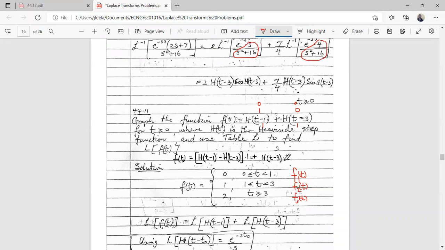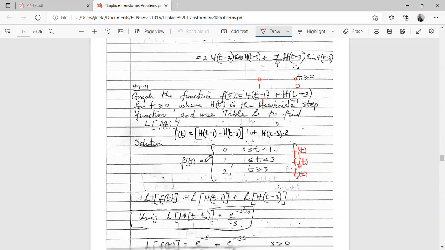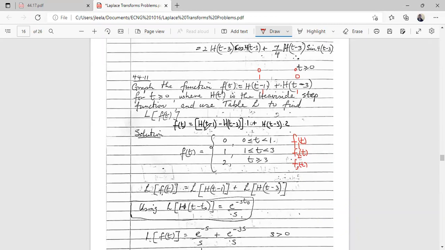You're multiplying it by 2. So the first region didn't give any contribution. So what you'll be getting here is the Heaviside at t minus 1 minus the Heaviside at t minus 3 plus 2 times the Heaviside at t minus 3.